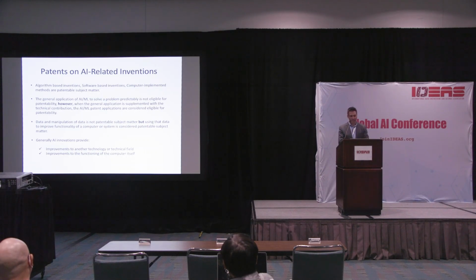And generally, AI inventions improve another technology or a technical field, and they show improvements to the functionality of the computer itself. That's obviously not the case every time, but those are two big things to look for if anyone's considering protecting their AI-related invention using patents.